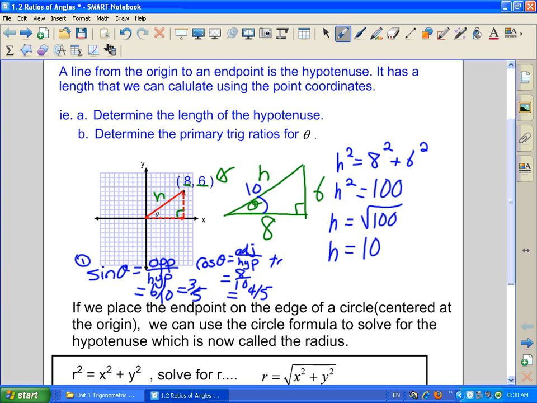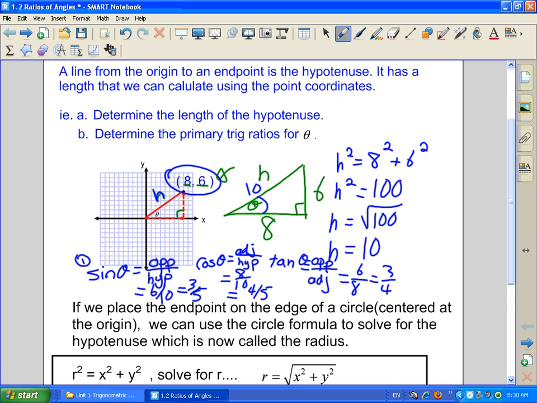Whereas our tangent theta, sorry, I should have left more room here, guys, is our opposite over our adjacent, which equals the opposite side, which is 6, over our adjacent side, which is 8. And again, we reduce it to lowest terms, so 3/4. So again, guys, we used one single point to calculate the hypotenuse in this case.